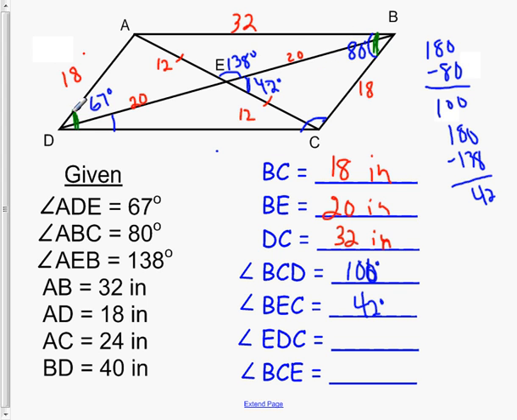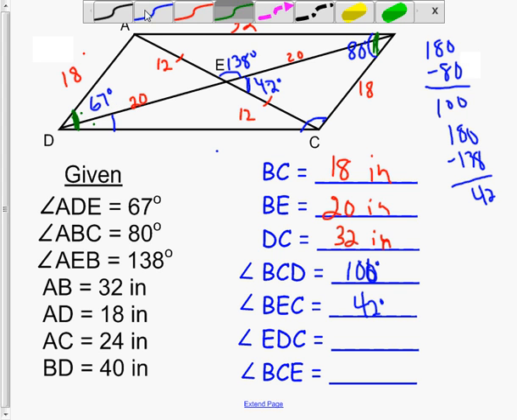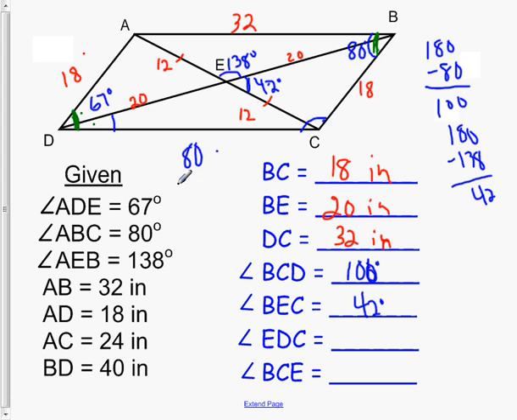So that means this whole angle here is going to be 80. And if we know this part is 67, we need to figure out this part. So we'll go 80 take away 67, and we get 13. So this angle is 13 degrees. And I'll label that on my picture.